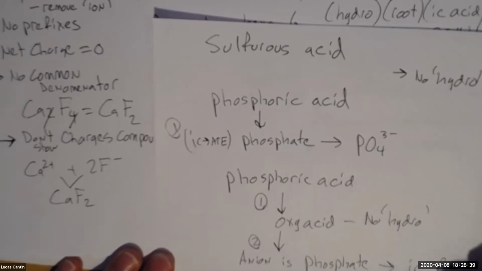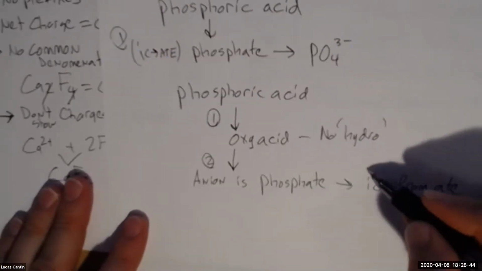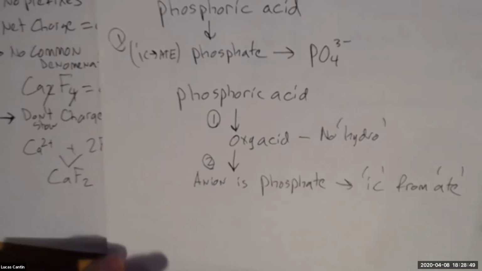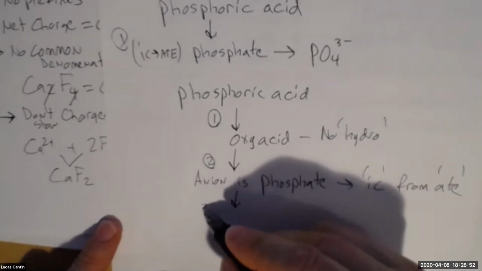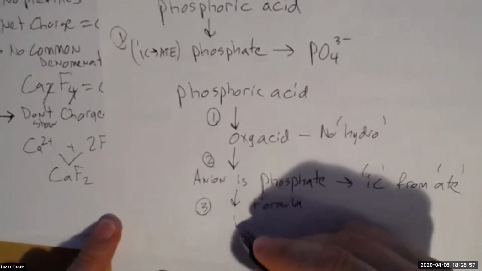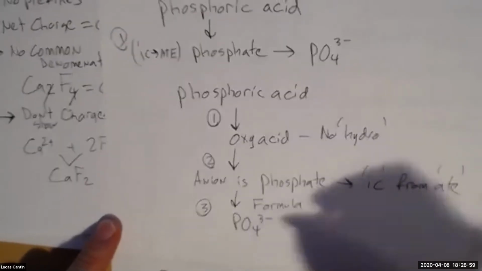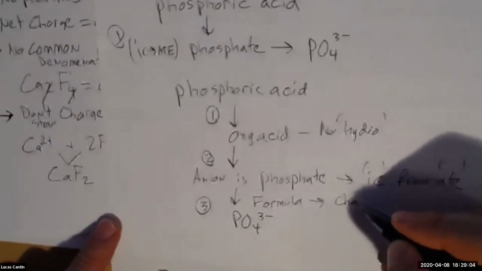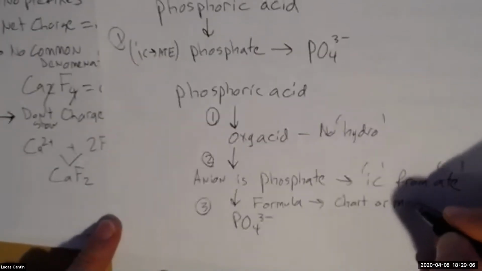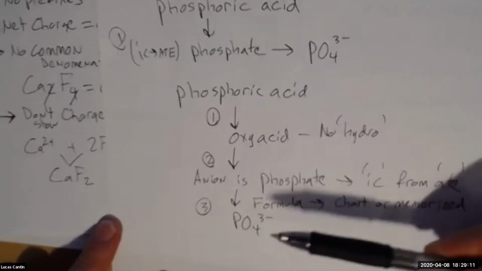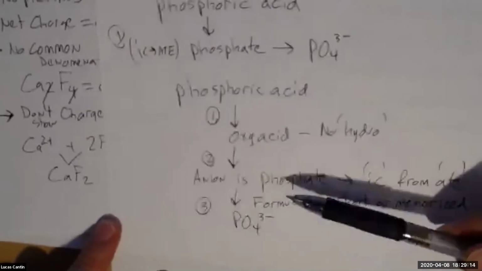Ic from an ate. So then I'm going to find the formula for phosphate, which is PO4 3 minus. And for this, it's either a chart or memorize. This bridge between phosphate and its formula.